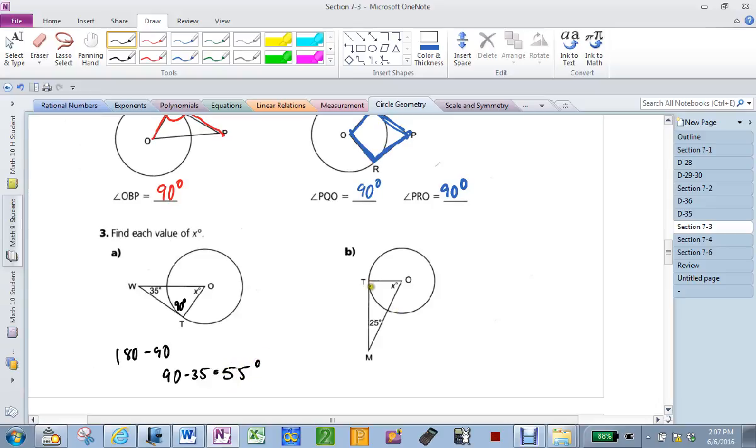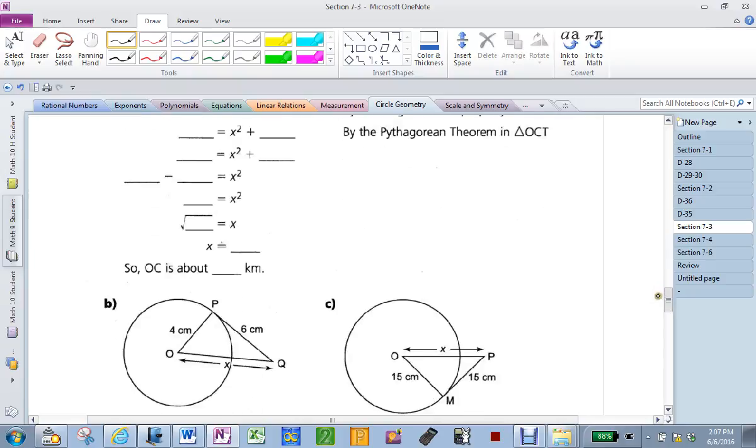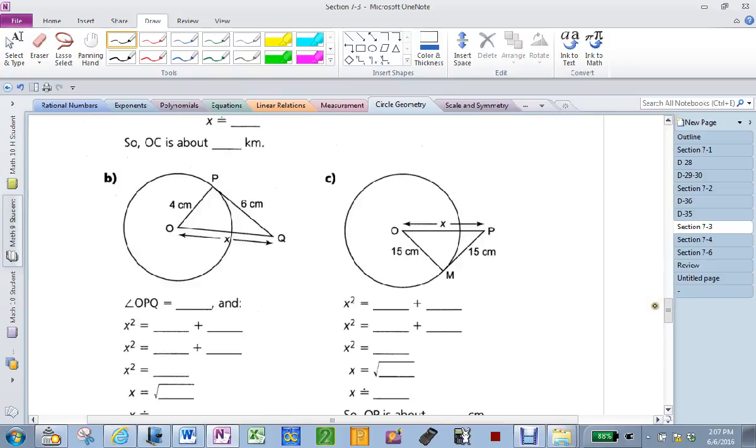Over here, 90. So I know this has to be 90 minus what? 25 to get 35 equals 65. 65 degrees. Everybody good? Lovely. Now, the end of you guys, because everybody stinks at Pythagoras.